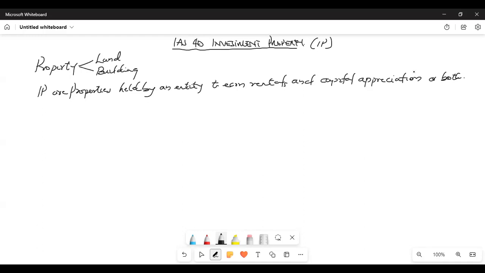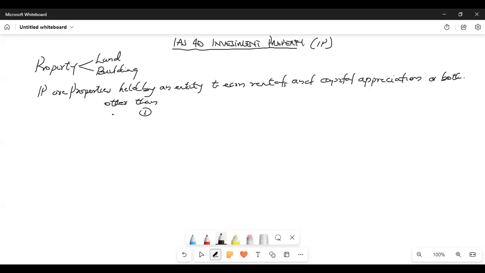All right. So we say that investment properties are properties held by an entity to earn rentals and capital appreciation or both, other than, so we are taking out the PPE function. Other than one, what are the remaining two items of PPE that have not come here?